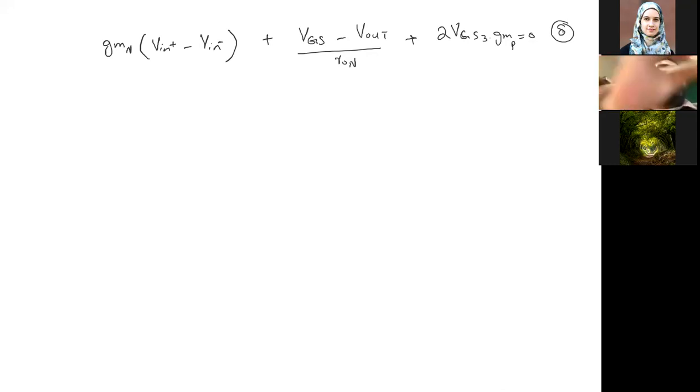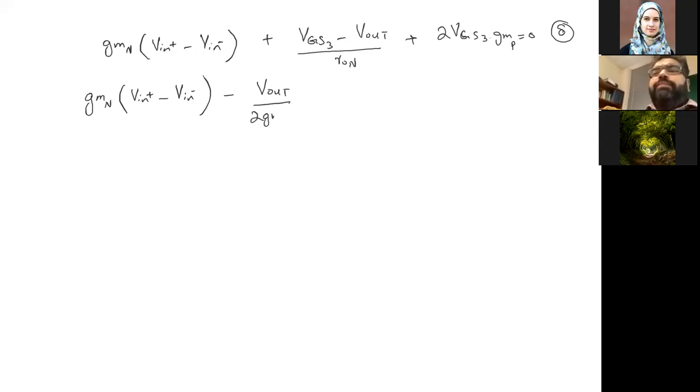So we will be left with, and I'm going to take it to the other side in the next step, GMN times V in positive minus V in negative minus V out. I'm replacing this VGS3 with this expression, which will be 2 times GMP RON times ROP. This one will be left minus V out RON.